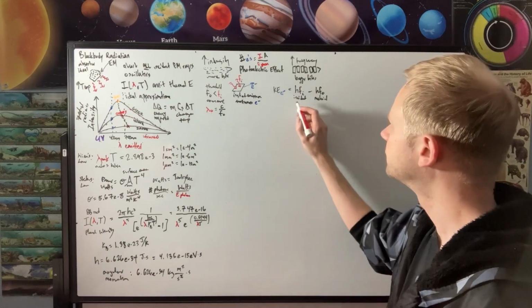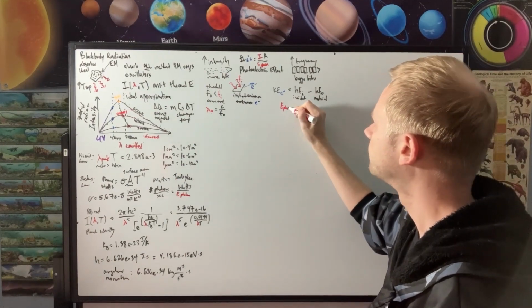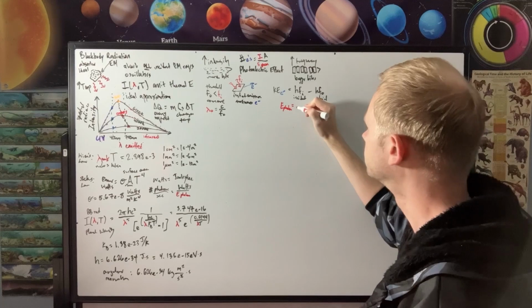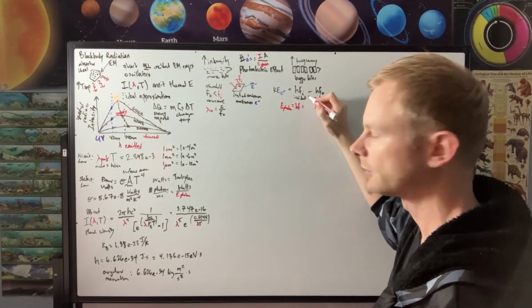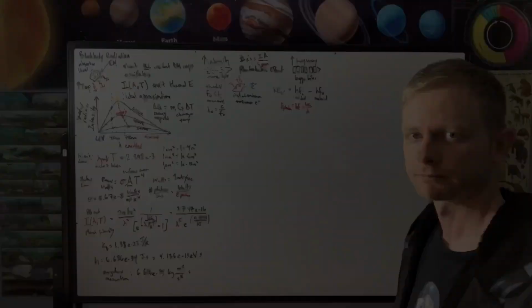As we probably know, the energy of a photon is being represented here. This is going to be h times f, which we could also write as hc over lambda.